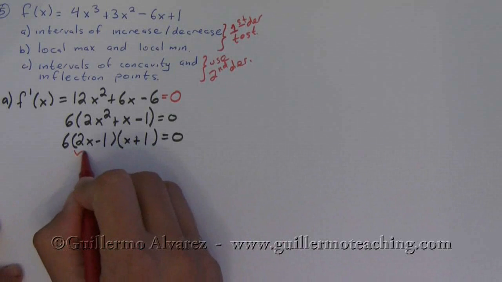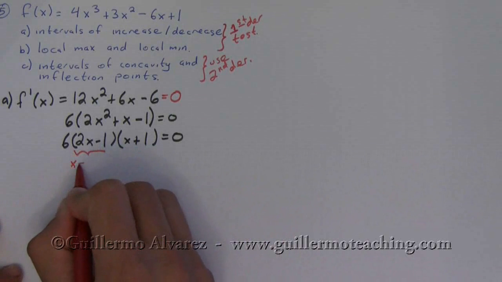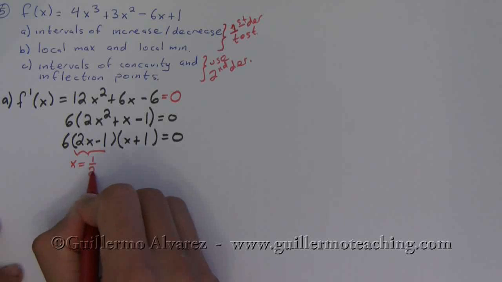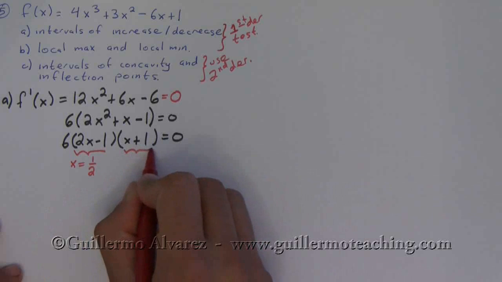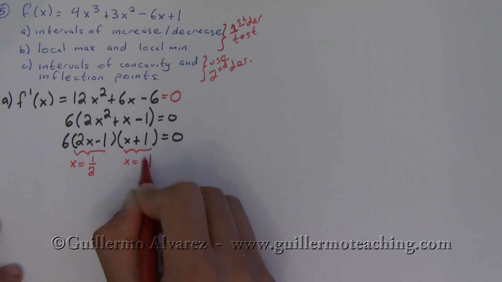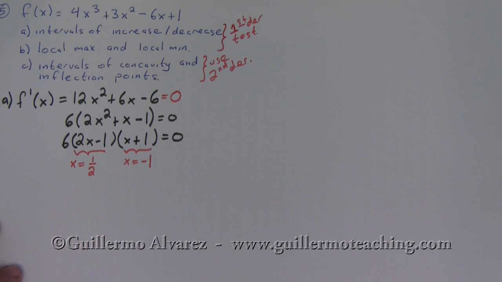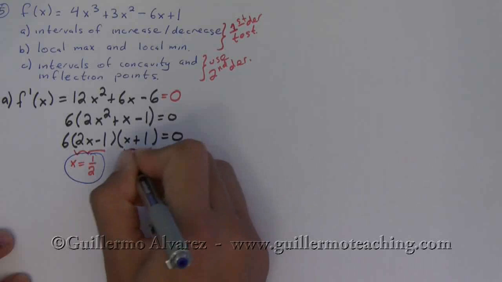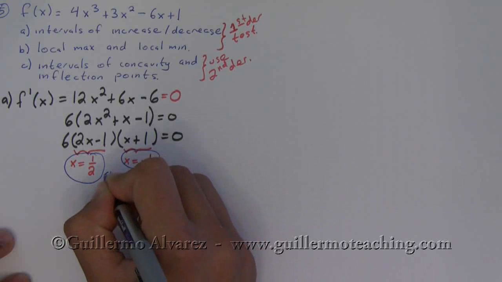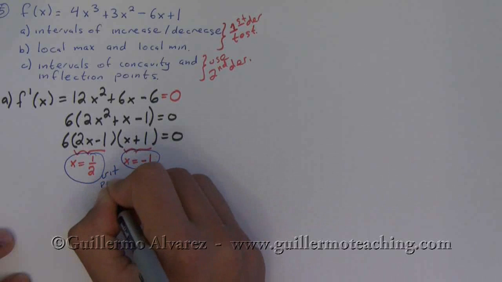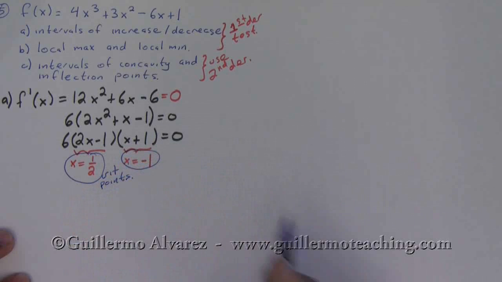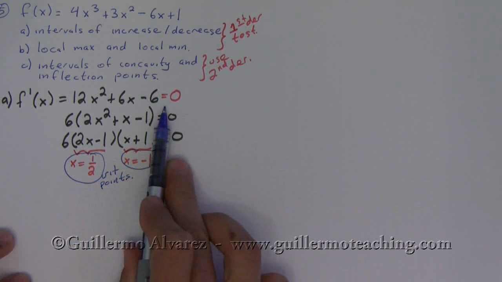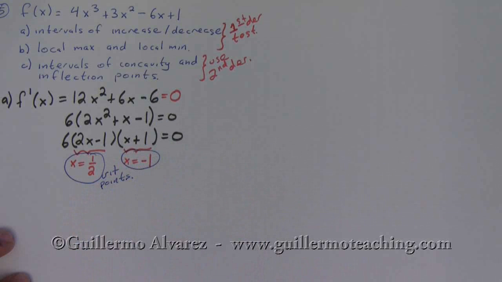So I have two critical points here. One is x equals positive 1/2. The other one is x equals negative 1. These are my two critical points, and I found them by setting the derivative equal to 0 and solving it.